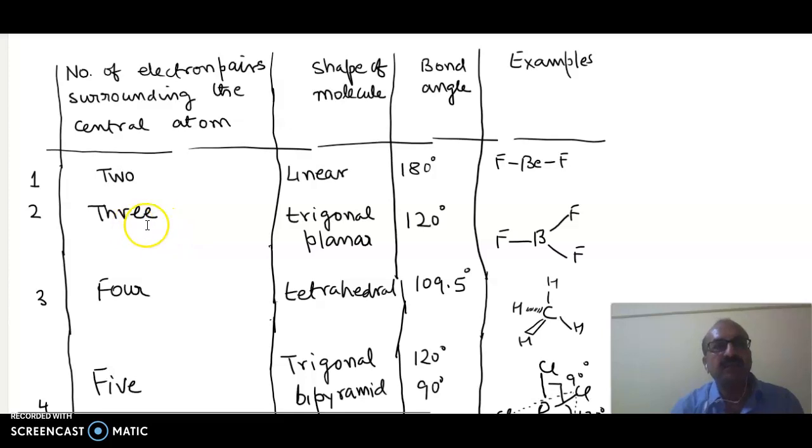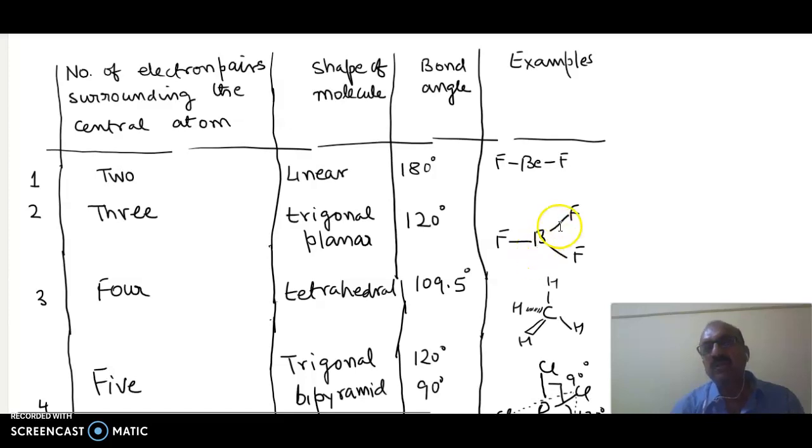Now, if there were 3 electron pairs surrounding the central atom, as in the case of boron trifluoride, each covalent bond represents an electron pair. So boron is surrounded by 3 electron pairs, and these electron pairs tend to be maximum distance apart, which can be achieved by making the bond angles 120 degrees, whichever bond we consider, and this shape is called trigonal planar.